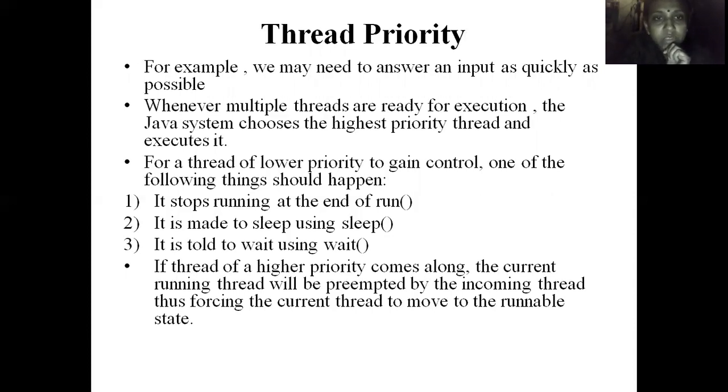For a thread of lower priority to gain control, one of the following things should happen: the highest priority thread stops running at the end of run, or it is made to sleep using the sleep method, or it is told to wait using wait. If a thread of higher priority comes along, the currently running thread will be preempted by the incoming thread, thus forcing the current thread to move to the runnable state.